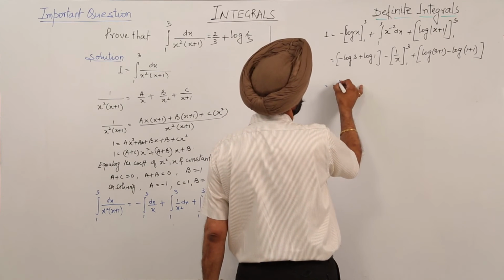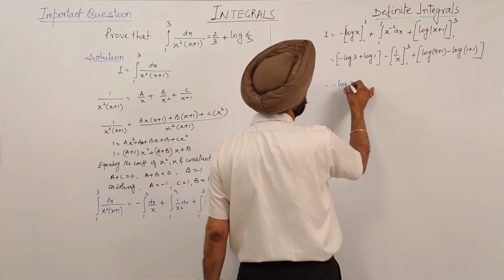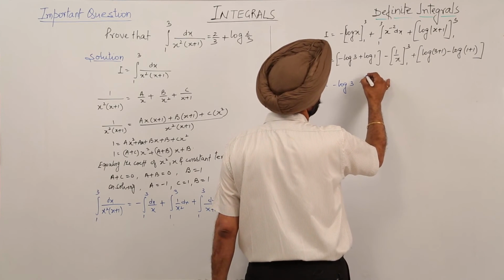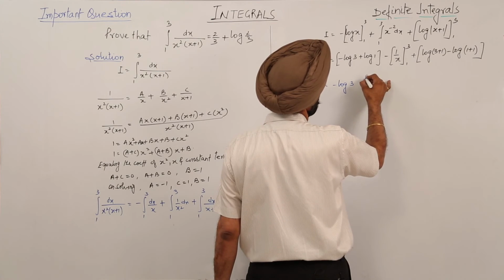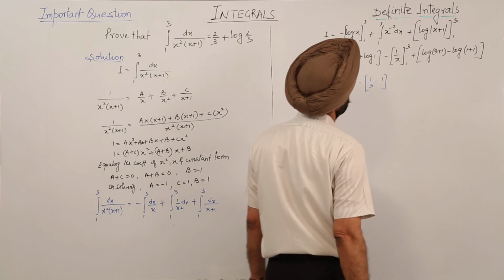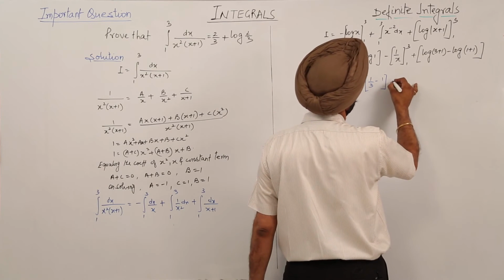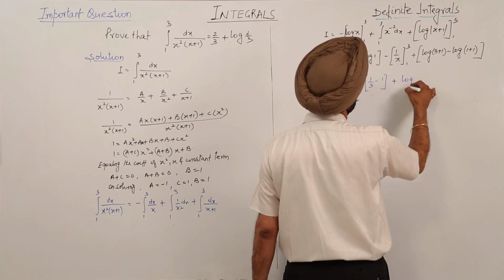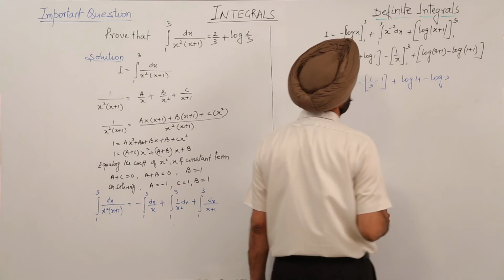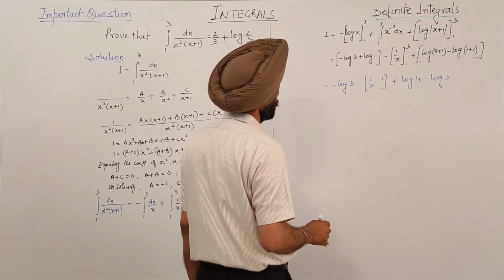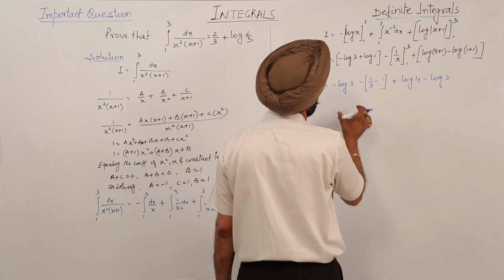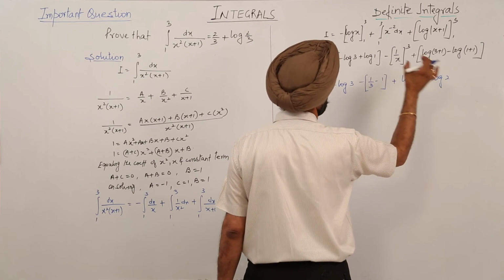So now what we are having? We are having minus log 3 as one term, minus (1 upon 3 minus 1), plus log 4 minus log 2. Now we can write these two terms in the same manner.